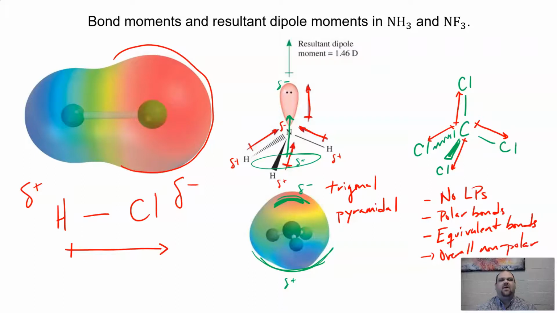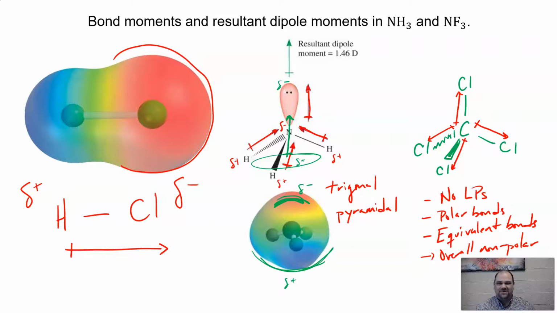Right? Overall, it's non-polar. The reason for that comes from the VSEPR theory that we talked about in the last video, where the geometry of those electron groups spreading out as much as possible across that sphere so they don't interact with one another.